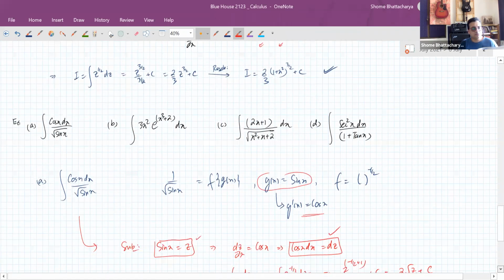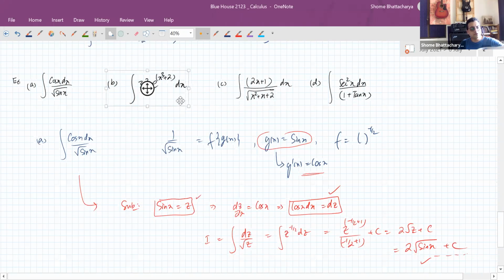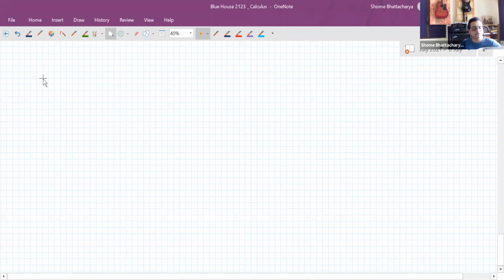Okay, now let's come to the second one. So this is also quite straightforward. You can directly see that 3x square is the derivative of the term which is on the power of e in the exponential function.